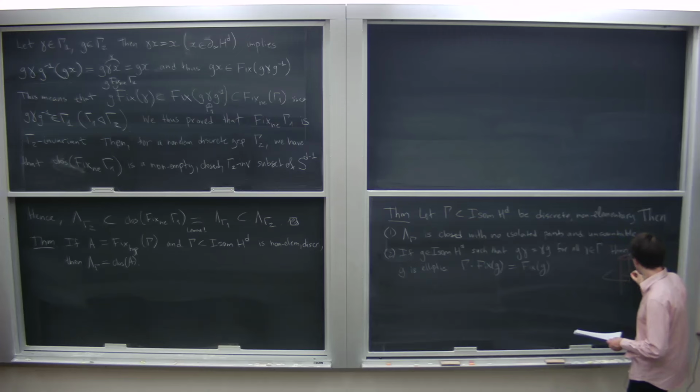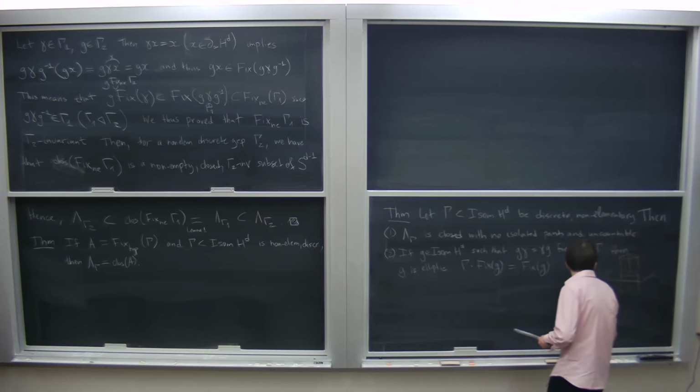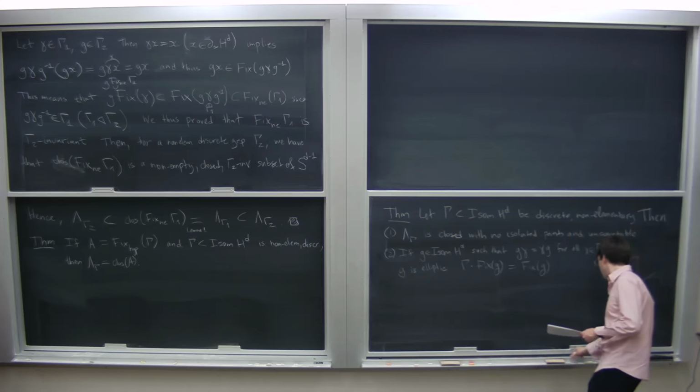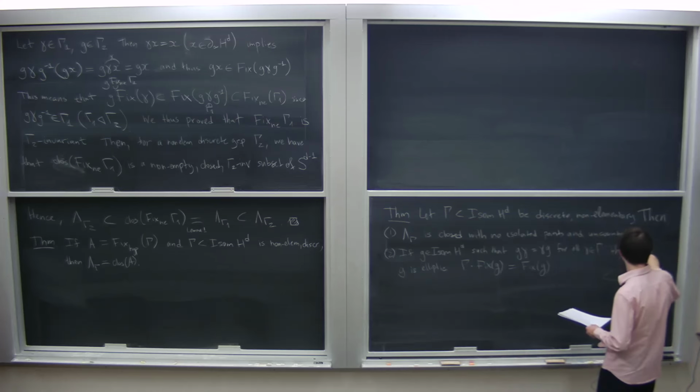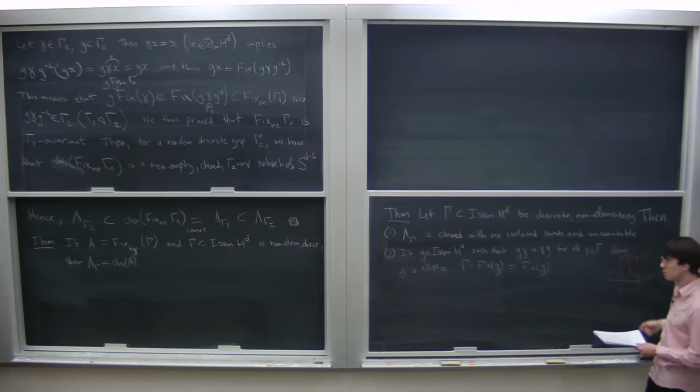Then my gamma is generated by reflections, right?